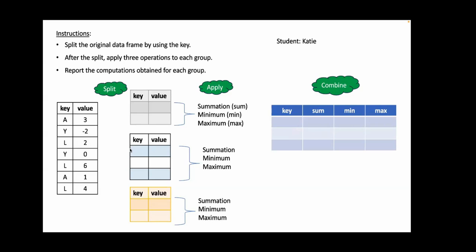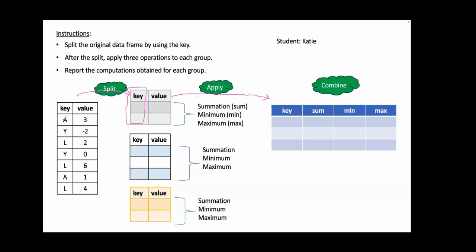Any questions of what you are doing first, right? You're doing the split, then you're doing the apply, and after you do the apply, you're going to the combine. Are you with me? So if we're using the keys, you still have the original data as a data frame. If you want to group this by key, each group still has a data frame, right?